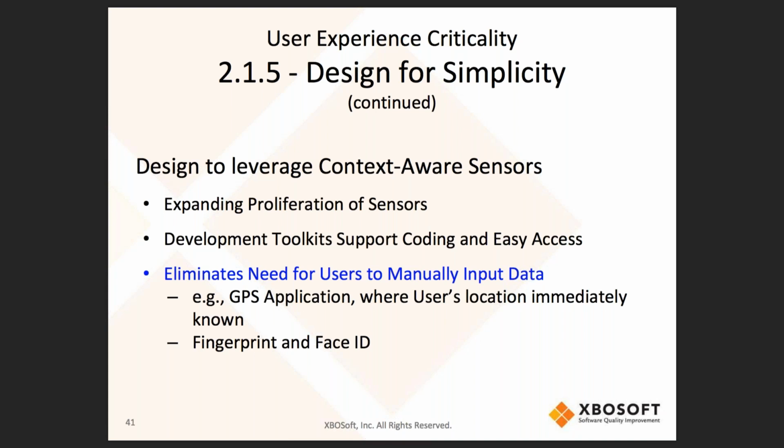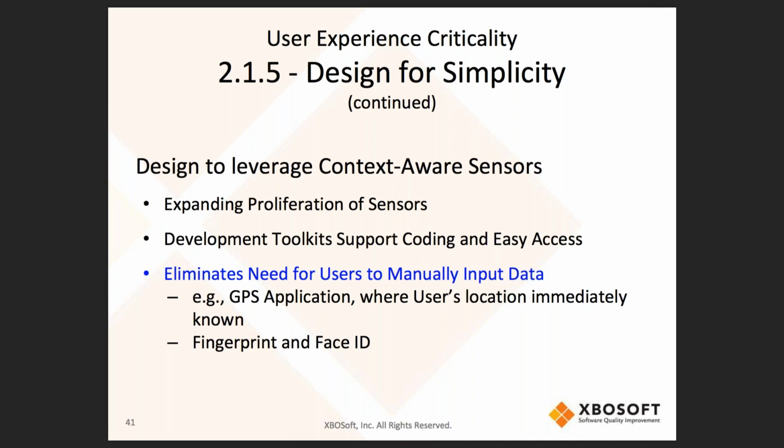And so there are more and more sensors being put onto the phones. The toolkits are certainly incorporating them, from the Android development kits to Xcode, to allow easy access to them, and it eliminates the user having to go and put in a bunch of data.